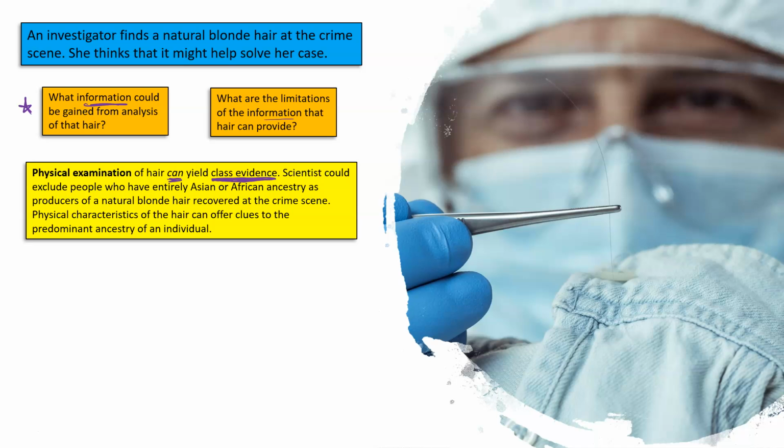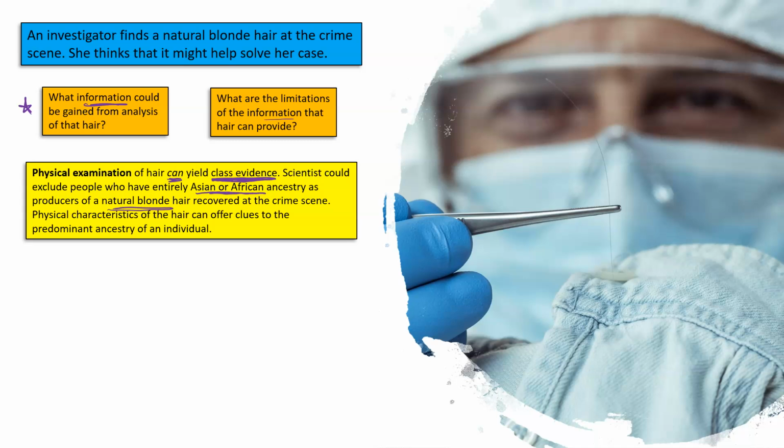Scientists could exclude people who have entirely African or Asian ancestry as producers of this particular naturally blonde hair, because people of Asian and African descent don't normally have naturally blonde hair. Naturally blonde hair is one of the features of Caucasian or Northern European ancestry.